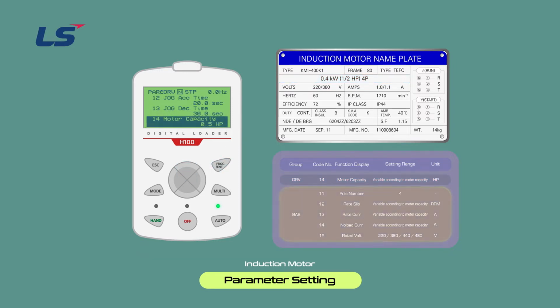Enter the number of poles, slip, rated current, and rated voltage sequentially from BAS 11 to 15.